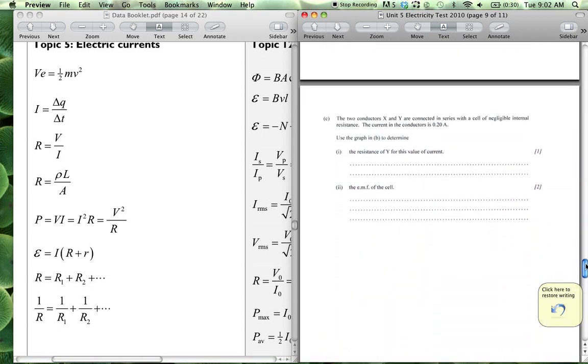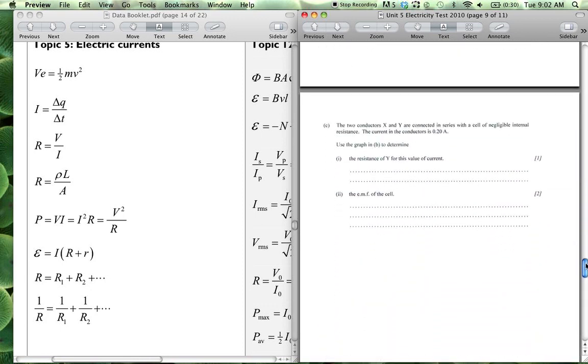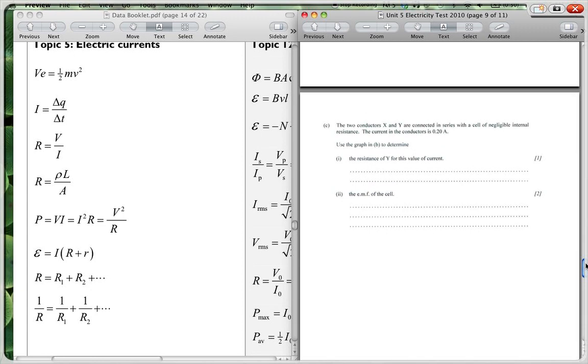Then moving over the page here, it says the two conductors X and Y are connected in series with a cell of negligible internal resistance. The current in the conductor is 0.2 amps. Use your graph to determine the resistance of Y, the value of the current and the EMF of the cell. Okay, so we've got 0.2 amps.